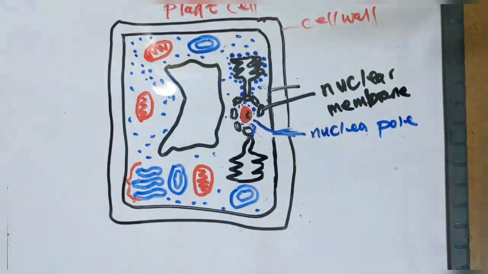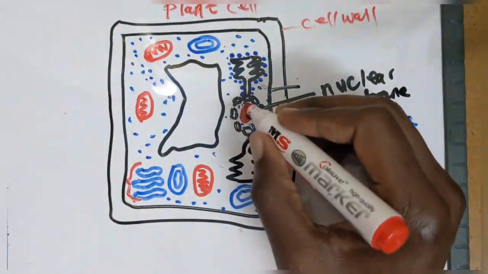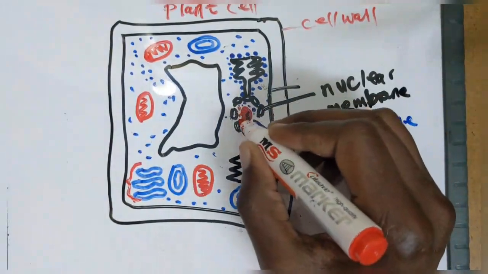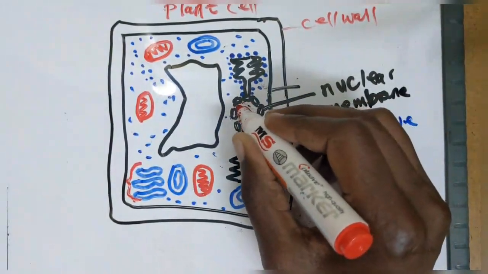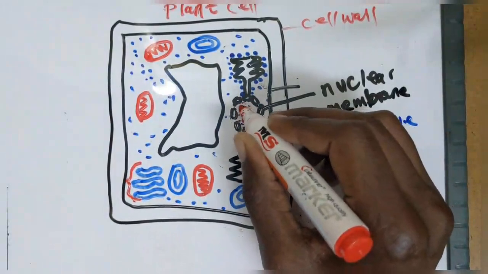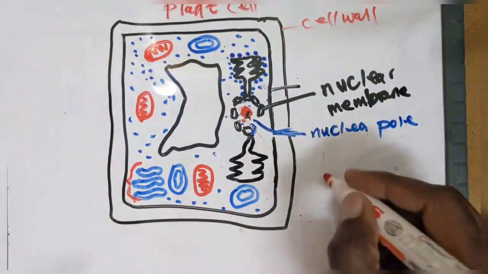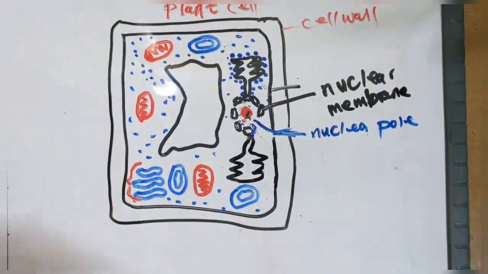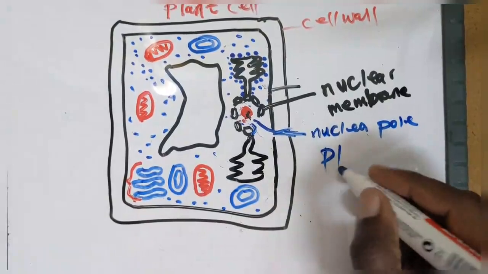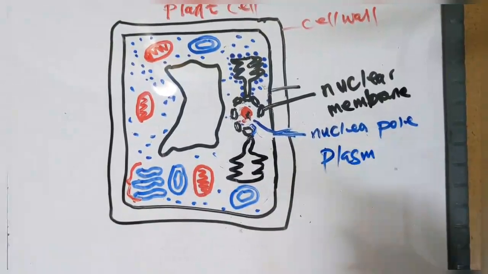Okay, so the liquid, let me just do it with a red pen. This liquid inside the nucleus is nucleoplasm. You know plasm means fluid.